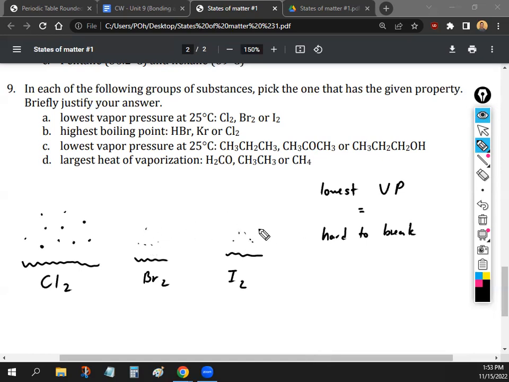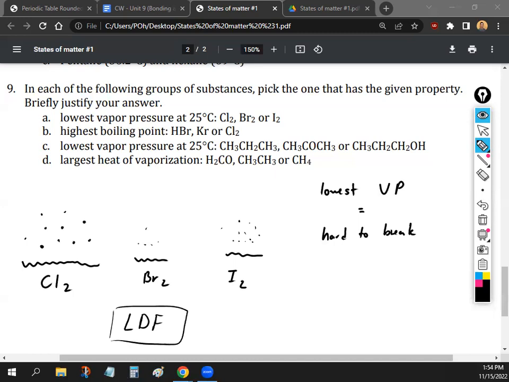Now, out of the 3, let's figure out the intermolecular forces. What's the intermolecular force that they all experience? Yeah, London dispersion. Are there any other intermolecular forces that they experience? No, there's no hydrogen.